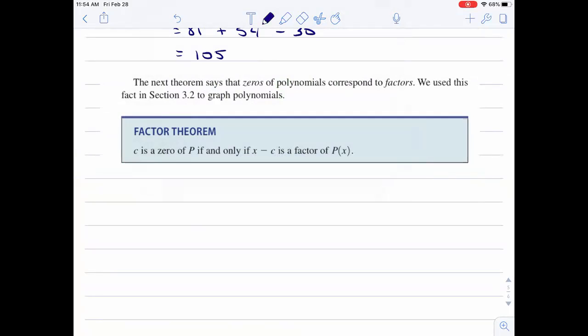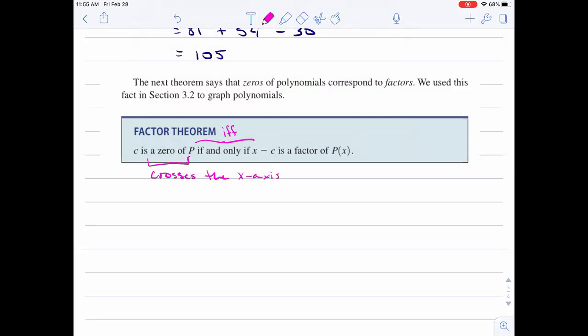And so the factor theorem says that c is a 0 of P, meaning it crosses the x-axis, if and only if, which it might be good for you to know, we usually just write IFF, if and only if, in math.